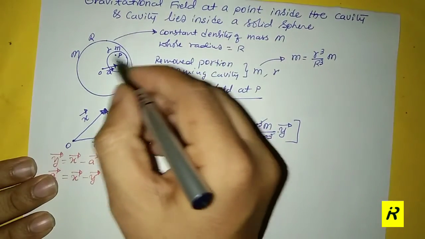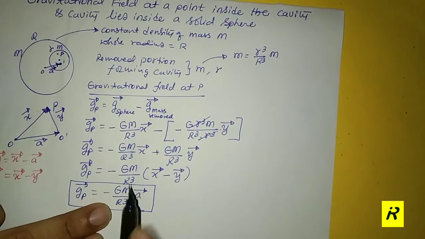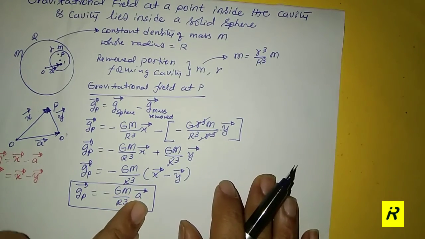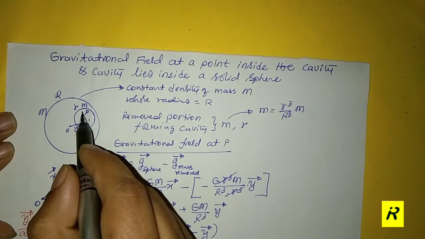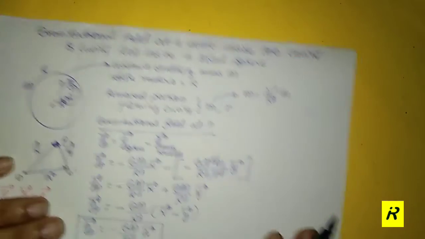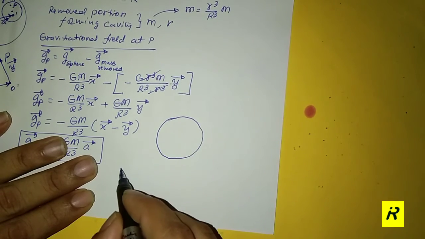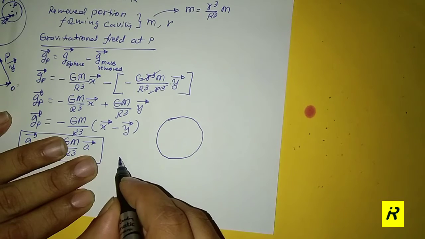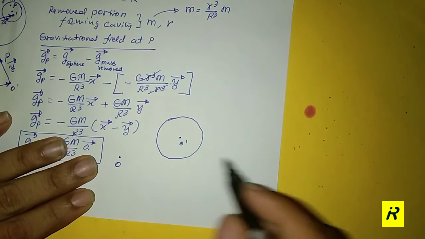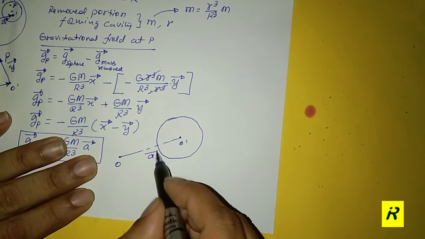That is, inside this cavity the gravitational field is always in the direction of minus a vector, that is opposite to a vector. So regardless of the position of point P, the gravitational field inside this cavity may look like this. Here is the cavity, and somewhere here is the point O, and here is O dash, right? So this is the direction what I called a vector.